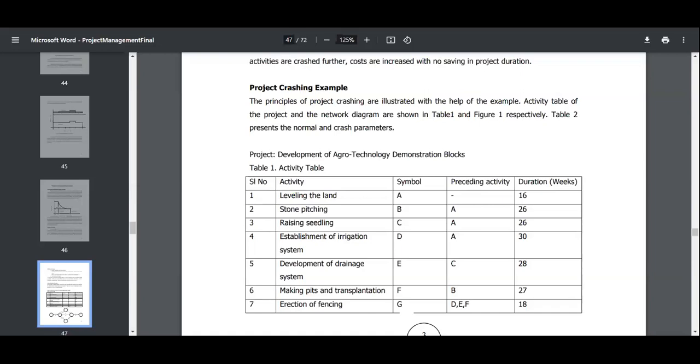For the second activity, stone pitching, we require the land, which means B depends on A. When A completes its work, B starts its work, and whatever the activity, it requires some duration, for example 26 days. It could be days or weeks: 2 weeks, 3 weeks, 4 weeks, right?